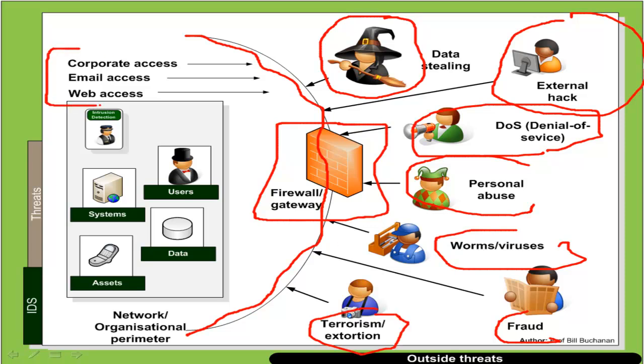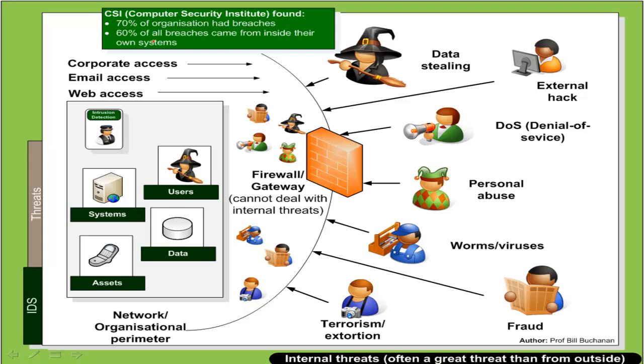Along with this, we need to guarantee some sort of access from inside to outside, such as corporate access, email access, and web access, and so on. Unfortunately, it was found that most of the breaches will typically come from inside an organizational network.